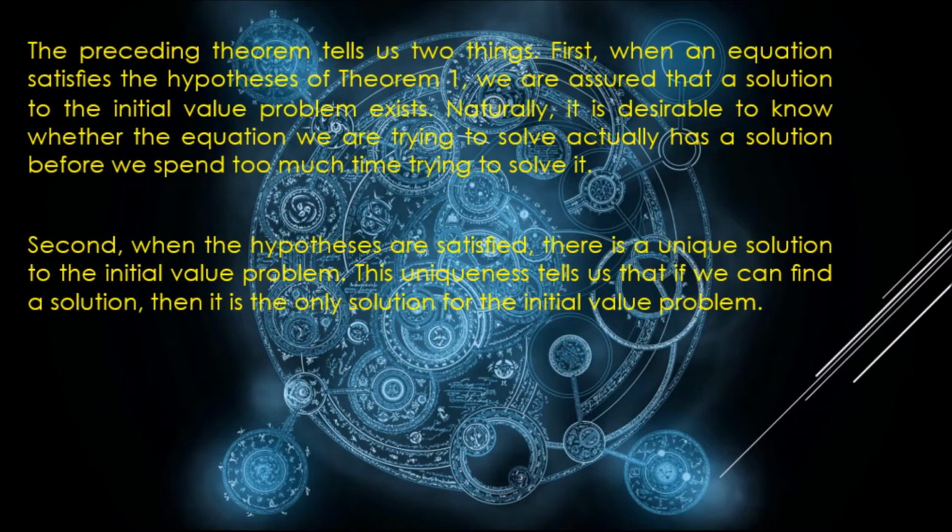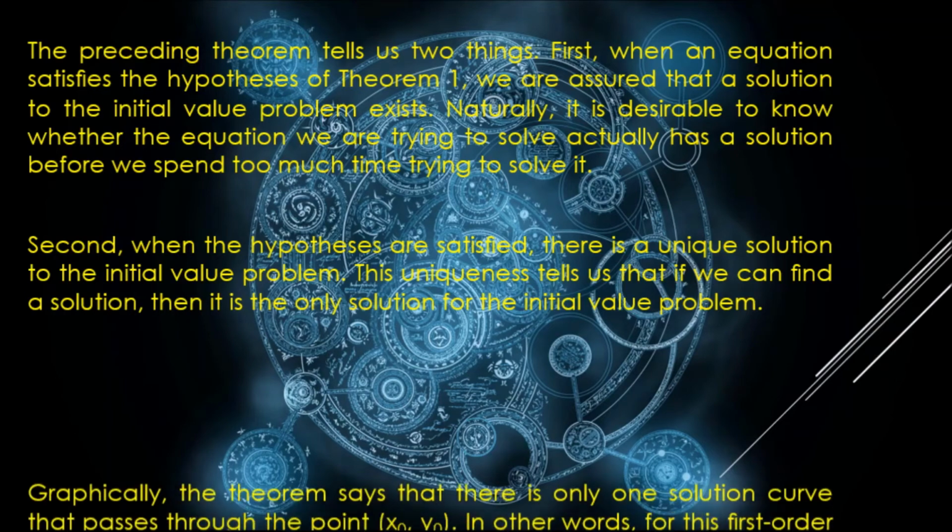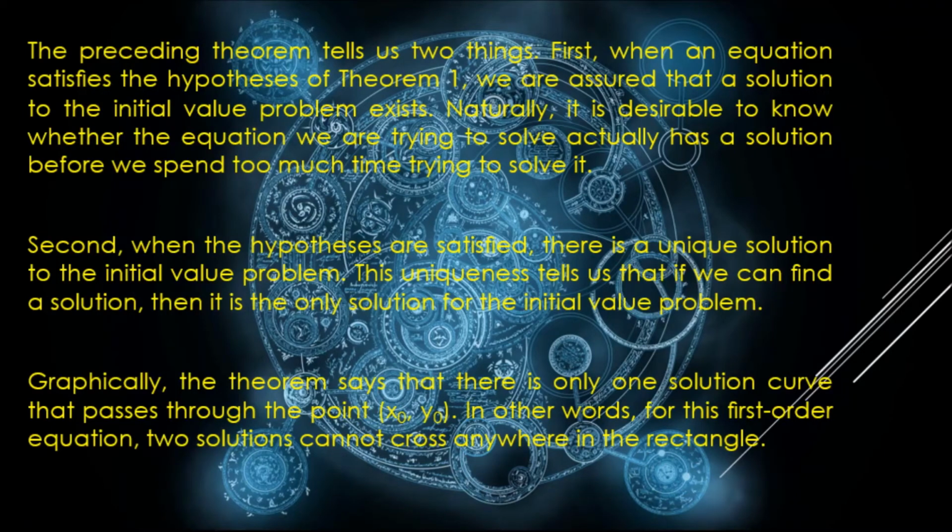This uniqueness tells us that if we can find a solution, then it is the only solution for the initial value problem. Graphically, the theorem says that there is only one solution curve that passes through the point x of 0, y of 0. In other words, for this first order equation, two solutions cannot cross anywhere in the rectangle.